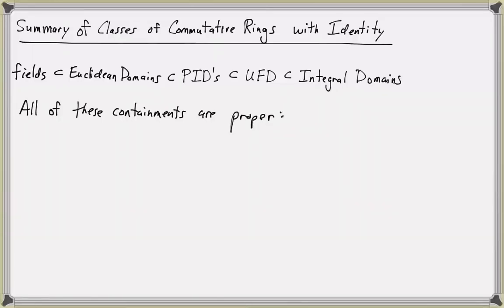Let's look at examples to illustrate this fact. So the ring of integers is a Euclidean domain, but we know that the integers do not form a field.